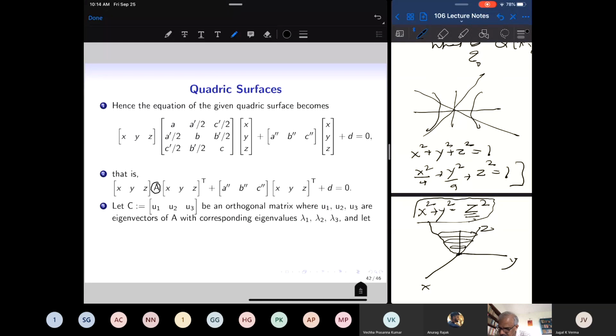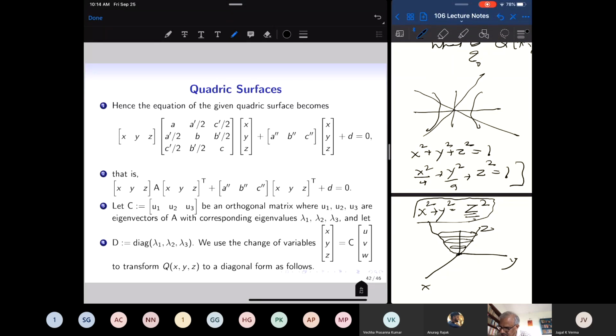The characteristic equation will be a cubic equation involving the entries of A, B, C. But let us say we have found the eigenvalues of this real symmetric matrix and the corresponding orthonormal basis of eigenvectors.